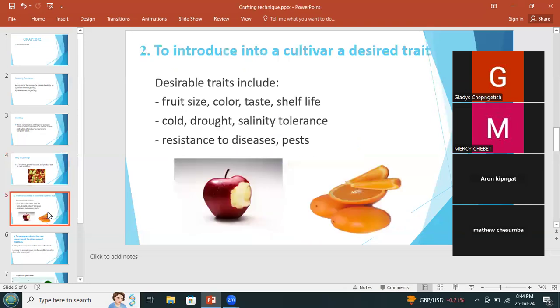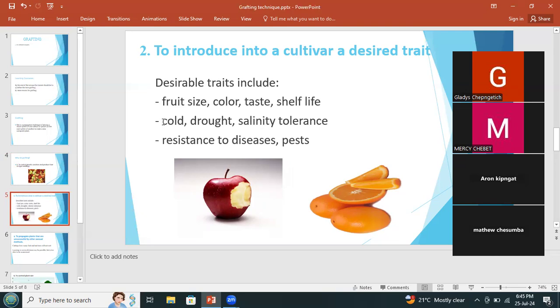Another reason for grafting is to introduce onto a cultivar a desired trait. As you can see in our pictures, we have the apple, we have the oranges. So we may decide to choose the taste. We may decide to do grafting to enhance the taste, shelf life, fruit sizes, as I had told you before, the desired characteristics.